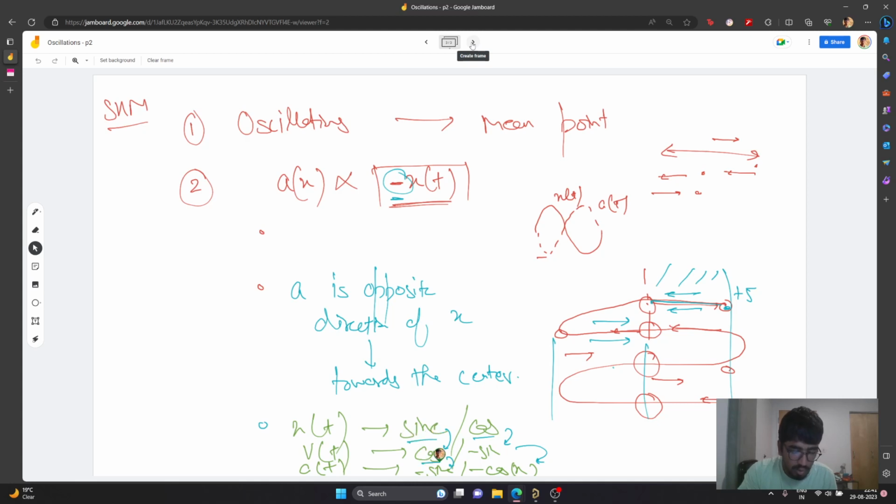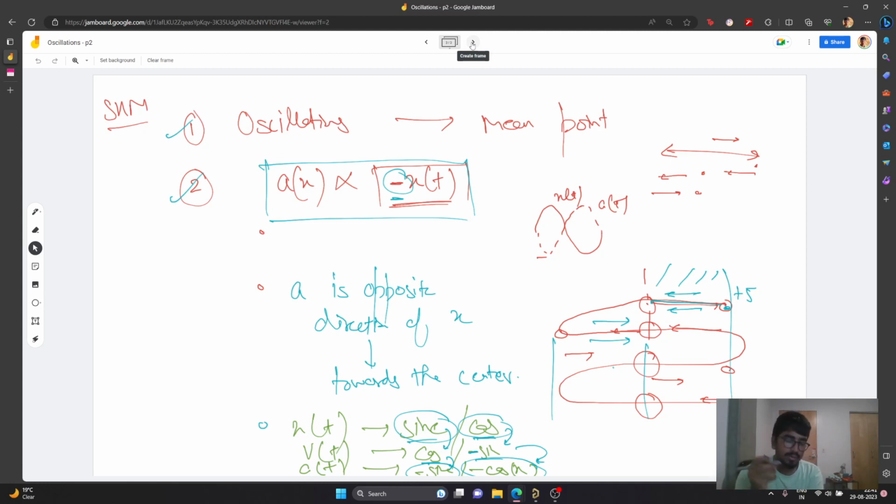Sine, cos; cos is minus sine; the derivative of minus sine, because of this minus sign in front, just becomes minus cos. And as we see here, because of the proportionality, this just becomes a minus version of this. If these two conditions are satisfied, that it is an oscillation and it is in this particular form, in that case we call it an SHM.